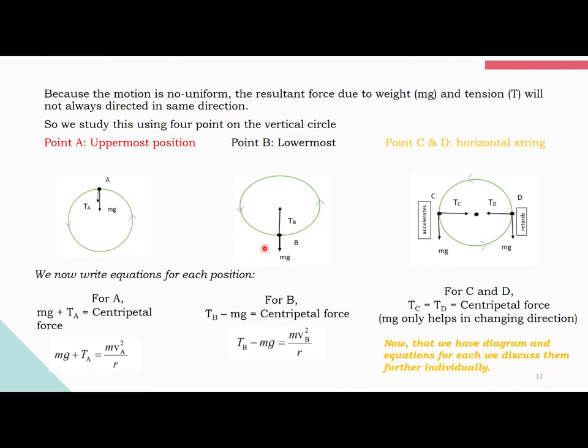Here at point B, the directions of these two vectors are opposite. Therefore, by vector rule, we subtract weight from tension. So, it is Tb minus mg is equal to m vb square upon r.